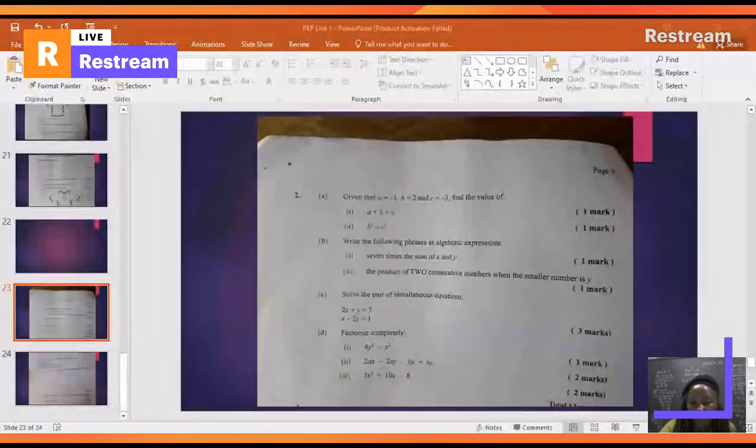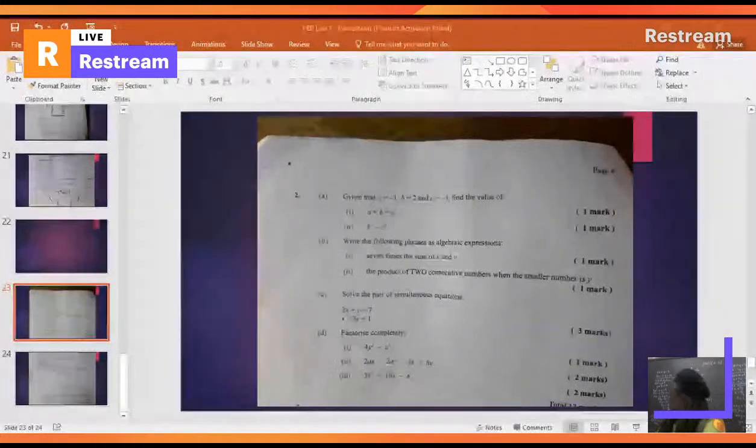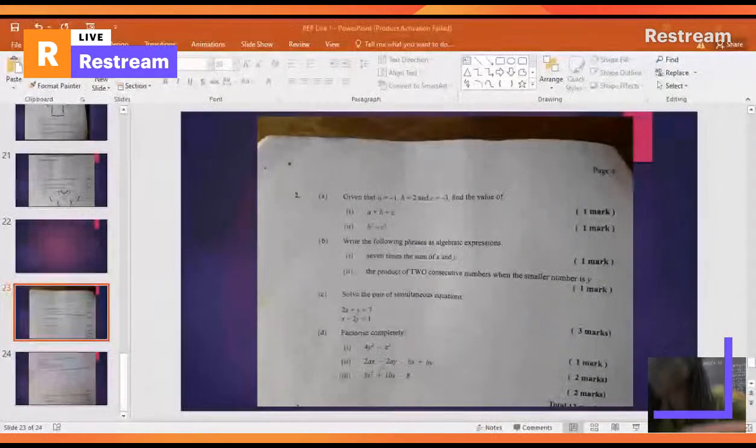All right, so for the other set, it's more simultaneous equations. So what I'm going to do, I'm going to clear the board so I can do those.